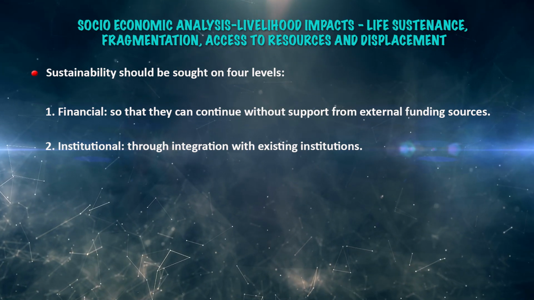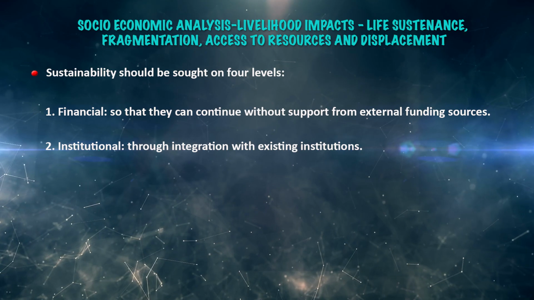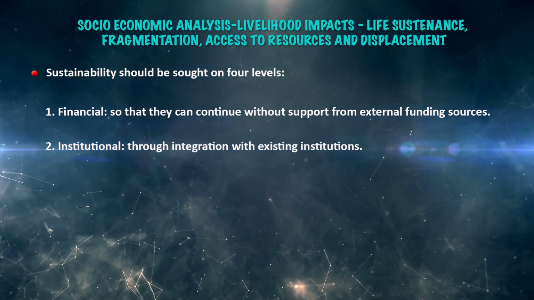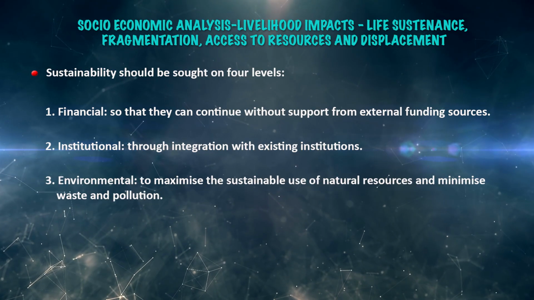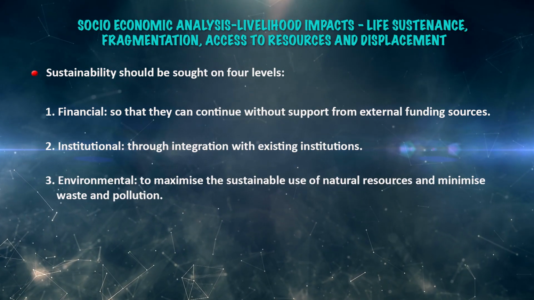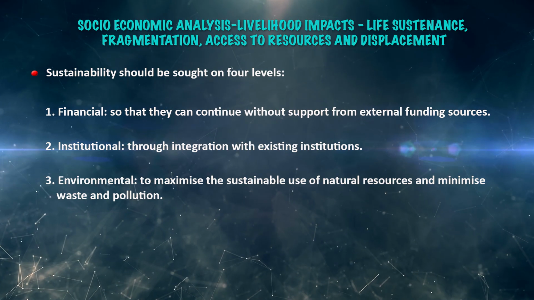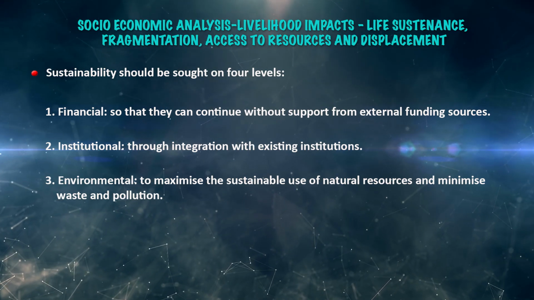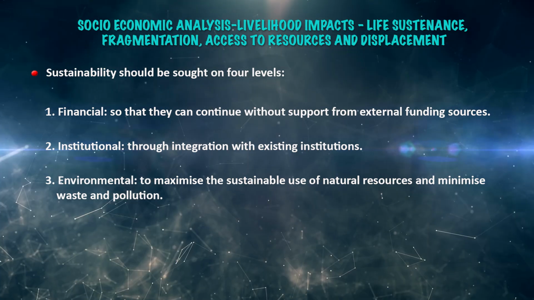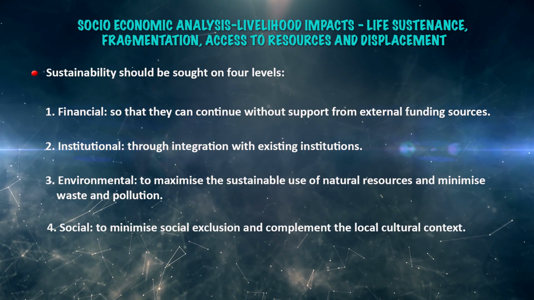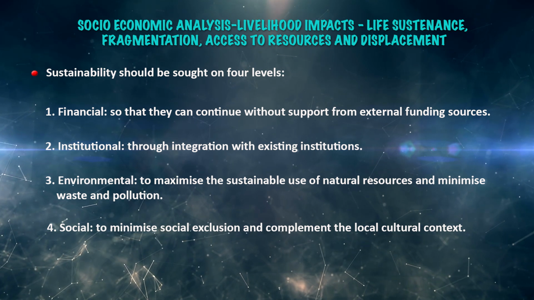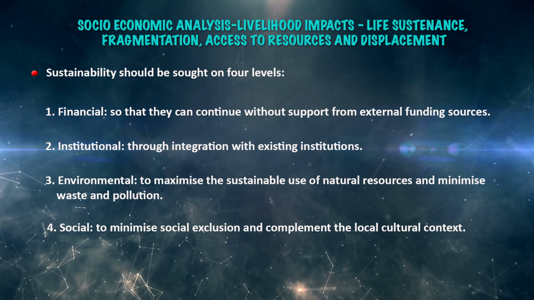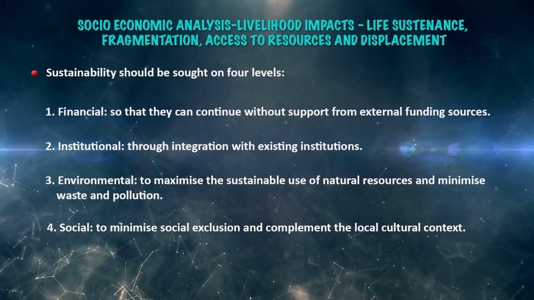That means they have to integrate with existing institutions, so they have to follow a certain plan. The third is environmental. That means to maximize the sustainable use of natural resources and minimize waste and pollution. And the fourth one is social. That means to minimize social exclusion and complement the local cultural context.